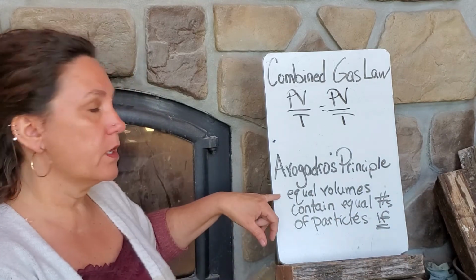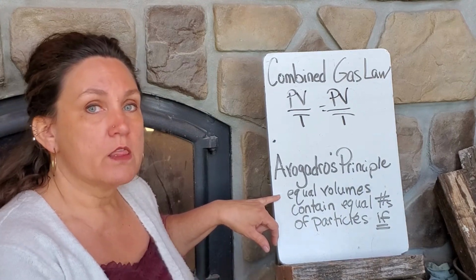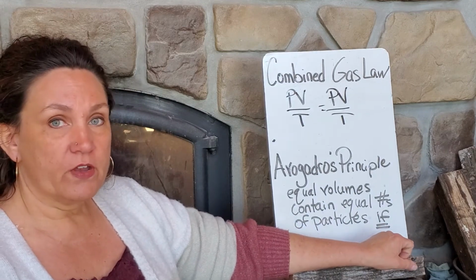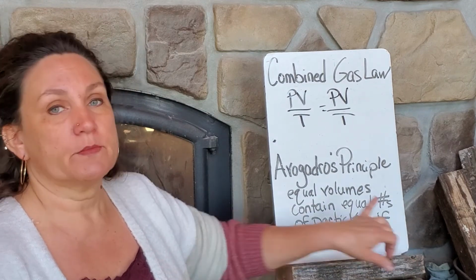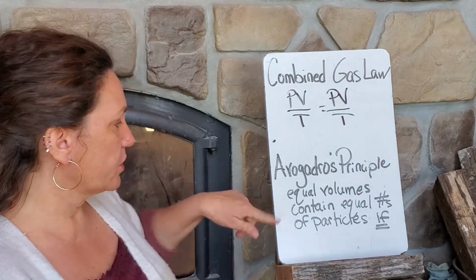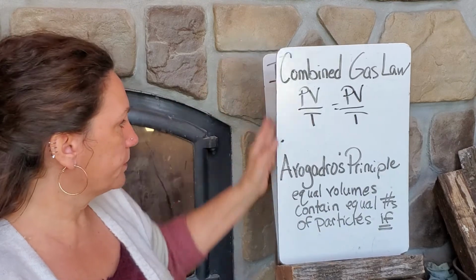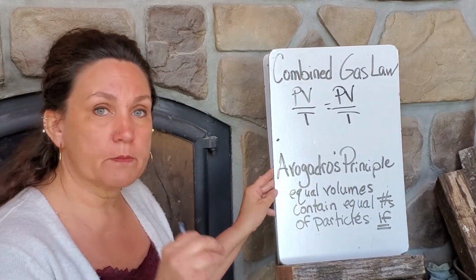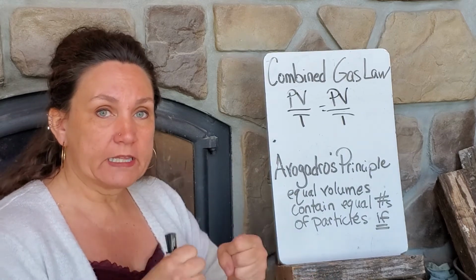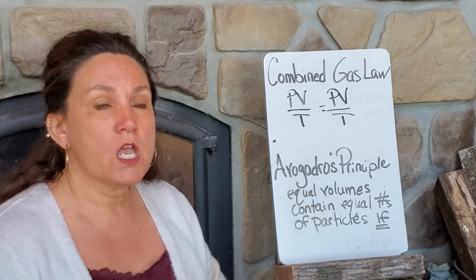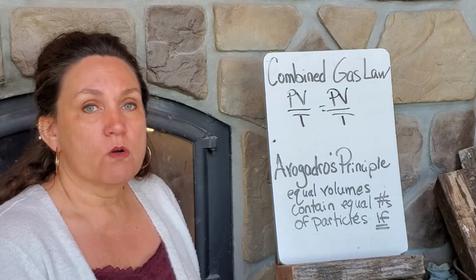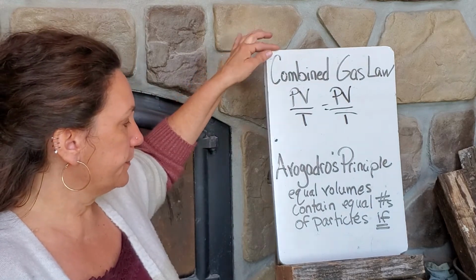If they are the same size, the same volume, they would have the same number of particles in them if our other variables remain the same. So they're held at the same temperature and they're held at the same pressure. So that's Avogadro's principle. Remember, gases are very, very small in comparison to the amount of room they take up. They're widely spread apart particles that are moving. So it doesn't really matter if it's a bigger molecule like carbon dioxide or a smaller molecule like helium.